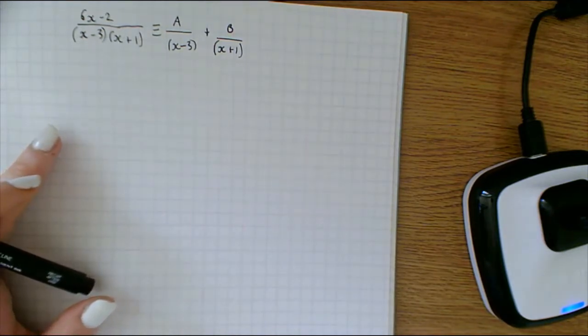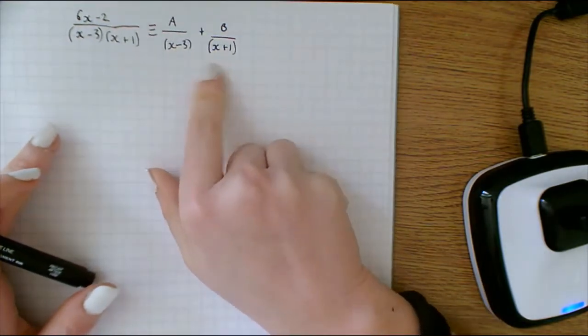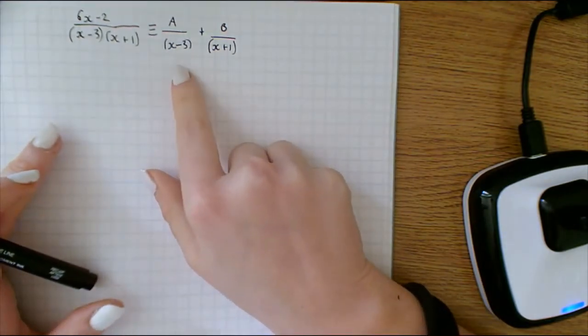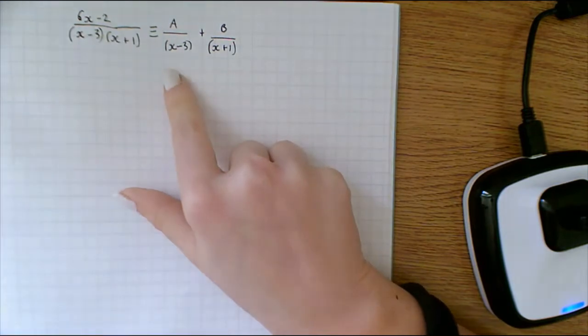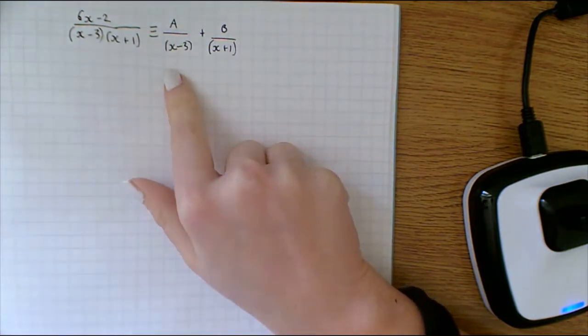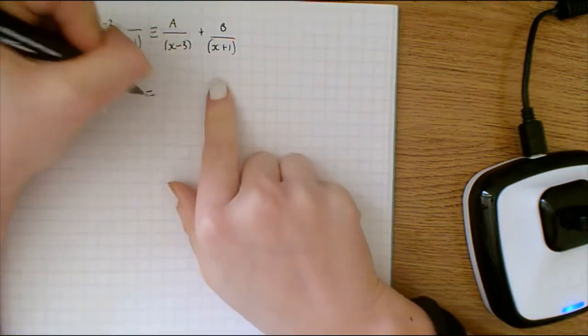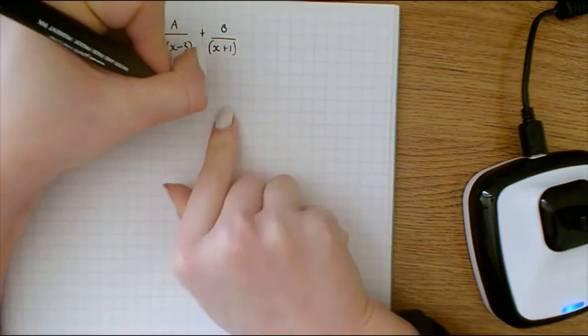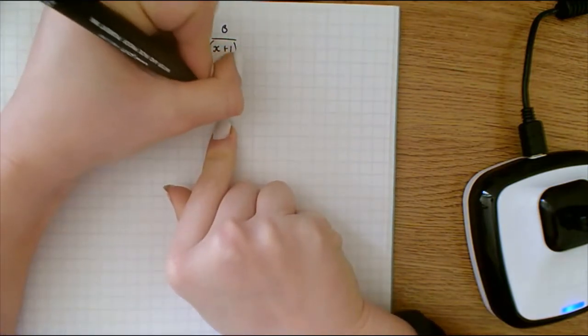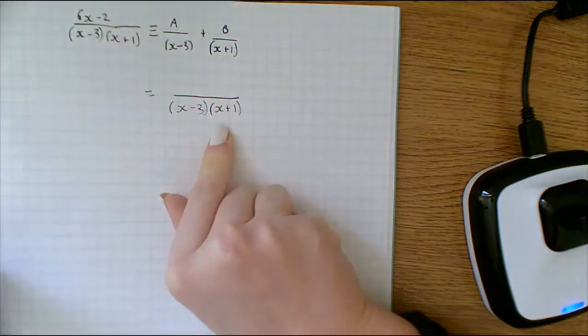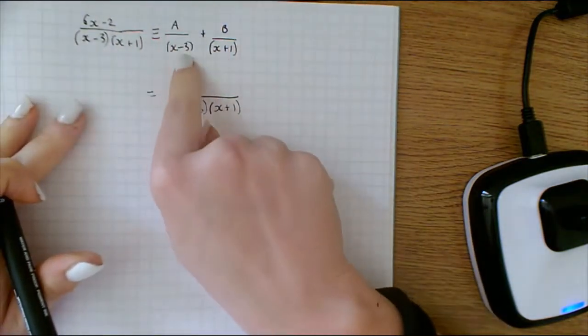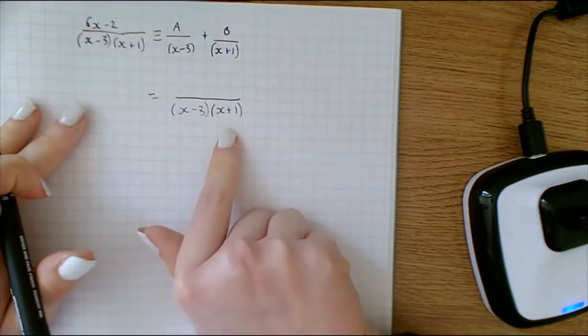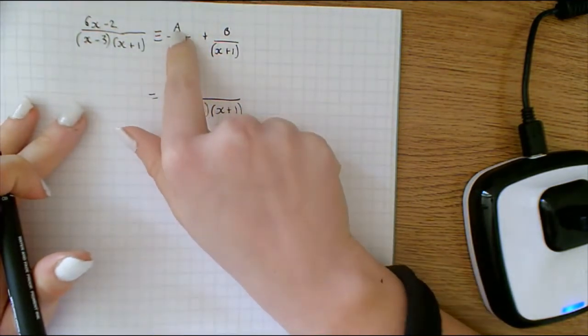So to start with, just looking at the right hand side here, we're going to add those two fractions together. If I was adding those two fractions together, you'd know they'd need to have the same denominator. So the denominator would be x minus 3, x plus 1. To get from this x minus 3 to x minus 3, x plus 1, I've times by x plus 1.